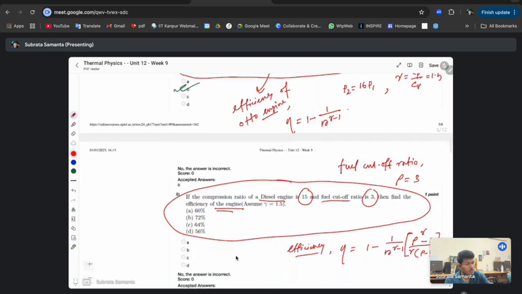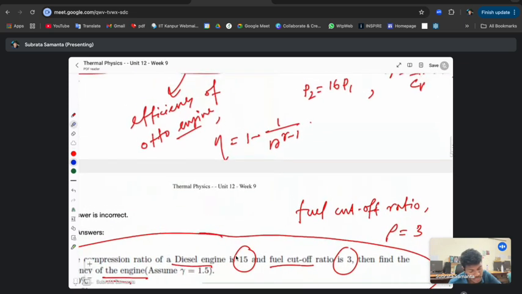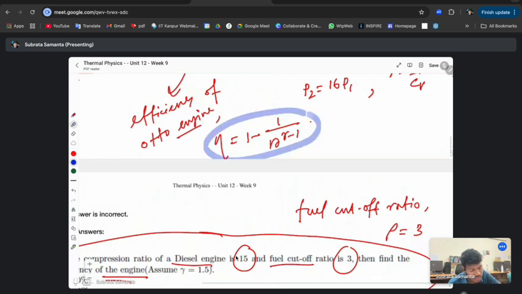But here they modified it by a factor. This extra factor is rho to the power gamma minus 1 over gamma times rho minus 1. So this factor is modified from the Otto engine.